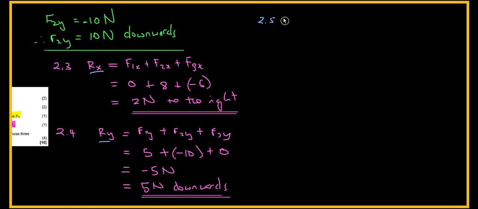Right, so 2.5, I'll sketch my Rx. So my Rx is pointing to the right, 2 newtons to the right. So here's my Rx. And then starting at the head here, I will draw the Ry. So my Ry is actually pointing downwards. So I'll start here and draw a 5 Newton force pointing downwards. So this is my Rx, which is equal to 2 newtons. This is my Ry, which is equal to 5 newtons.